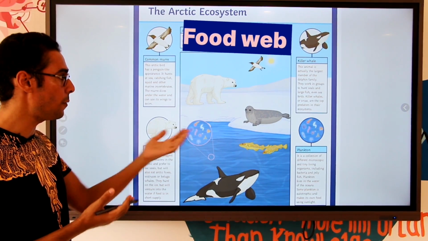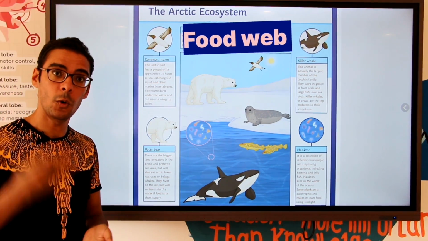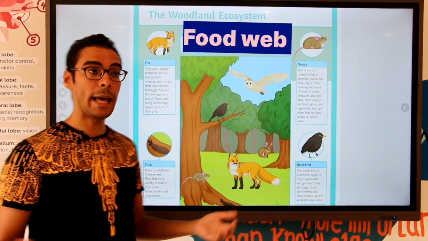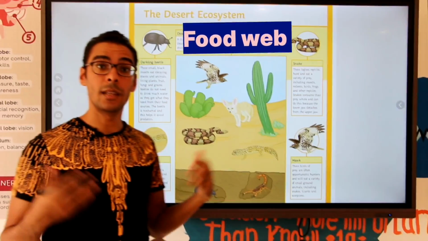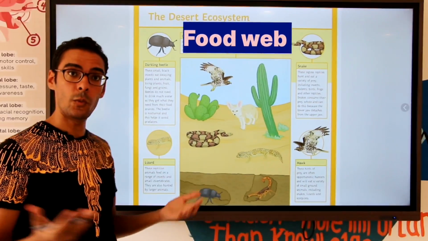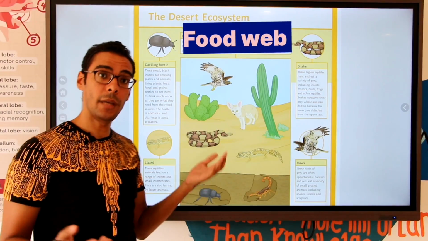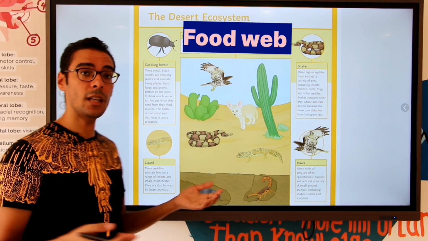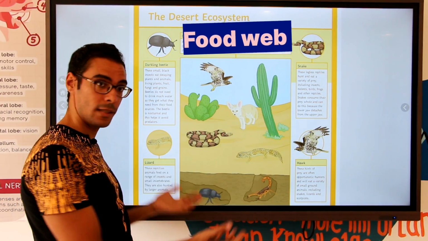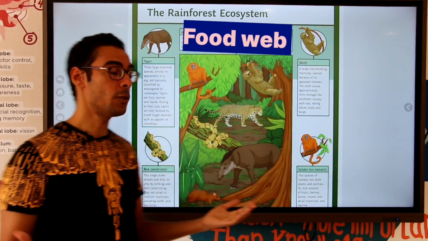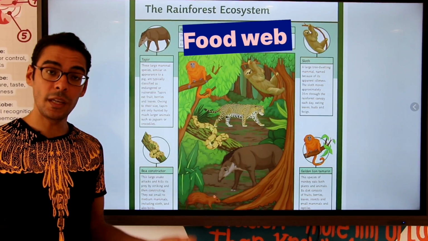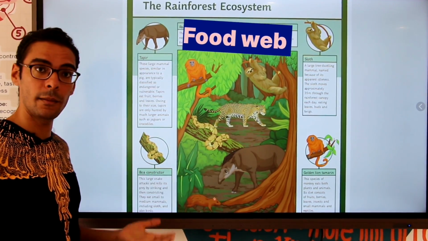That can be seen obviously in the Arctic ecosystem or the woodland ecosystem, the desert ecosystem. Look, we have many animals, and many feeding relationships between all of these animals. The rainforest ecosystem is full of feeding relationships between all animals there.